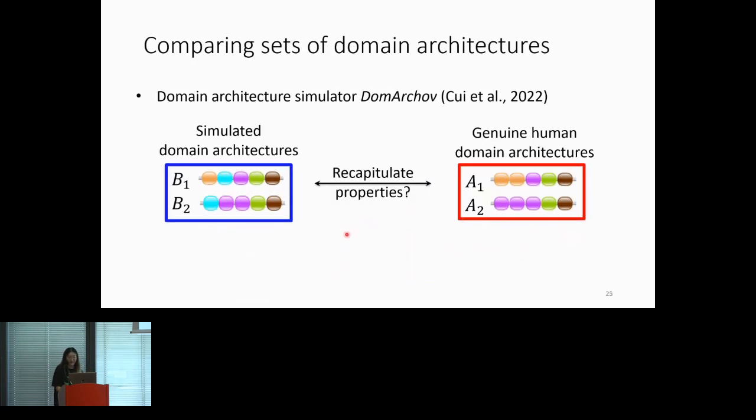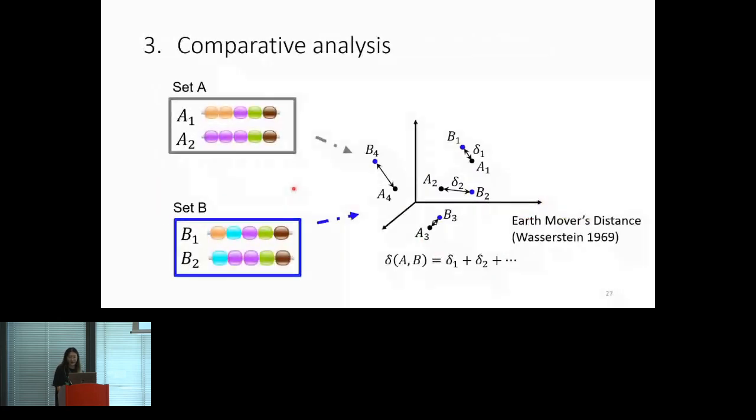I used a set of genuine human domain architectures as the training corpus for my domain embedding. Based on that, I construct domain architecture embeddings for both the genuine and simulated domain architectures. Now the 2 sets of architectures are represented as points in the domain architecture space.